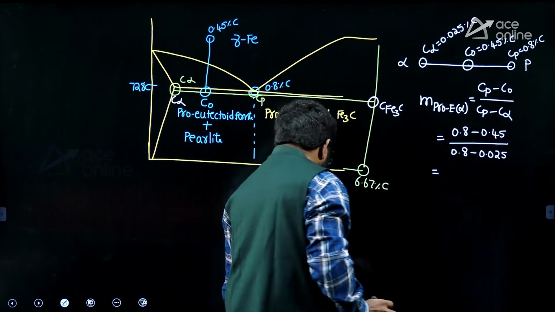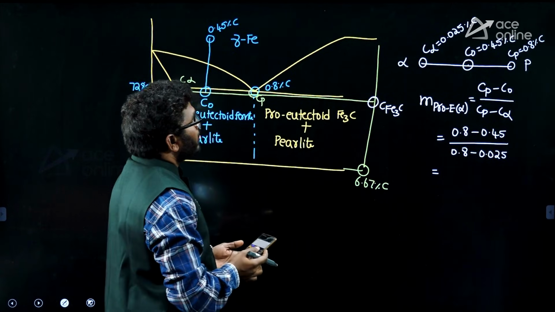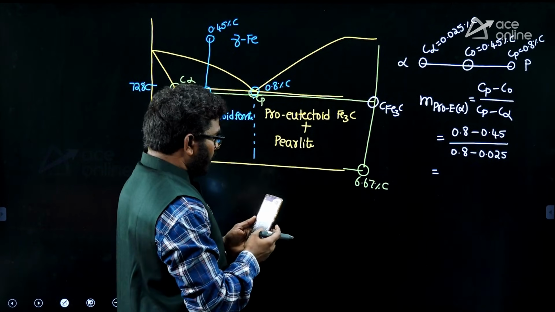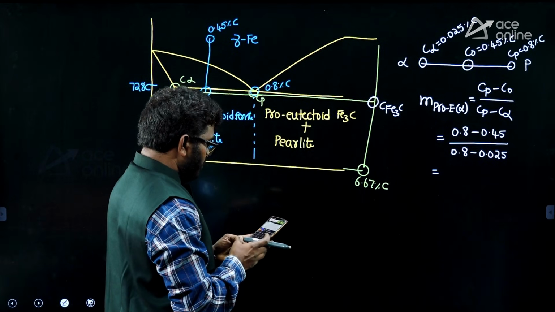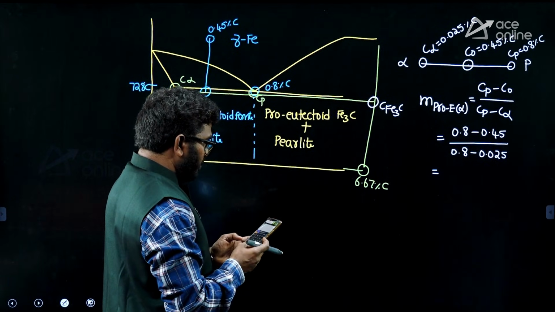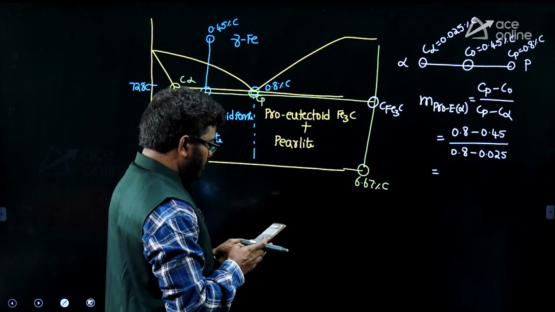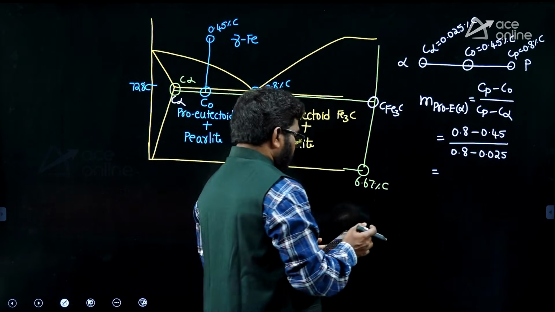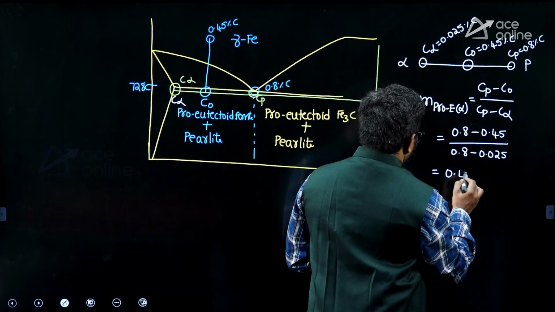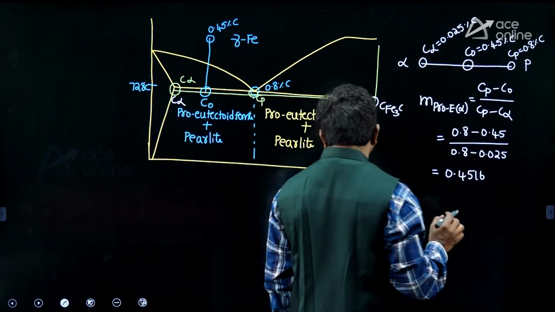So what is the answer? The mass fraction of proeutectoid alpha I am calculating: 0.8 minus 0.45 divided by 0.8 minus 0.025, that is 0.4516.